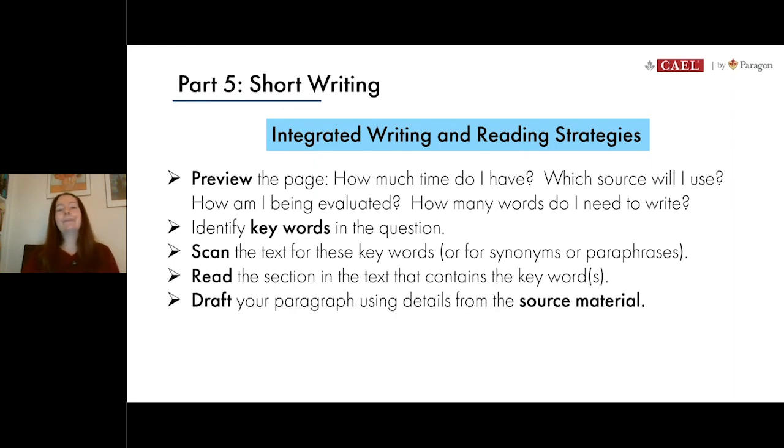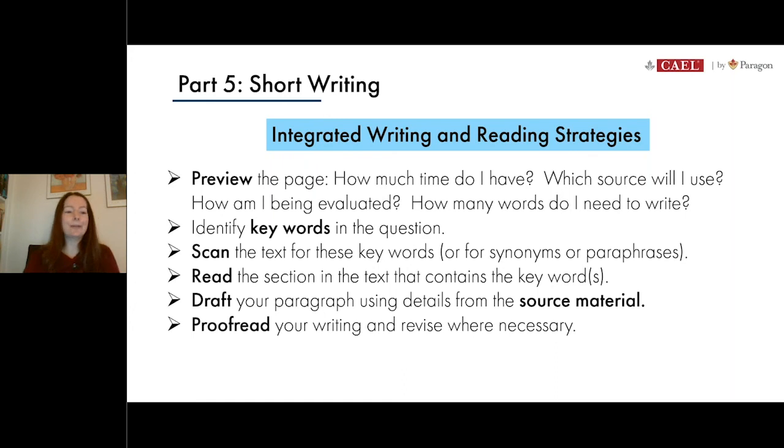We then use the information from the source in order to write out the paragraph itself. So remember, you're not making up these details. You're taking the content details from the source itself, but you're writing about them in your own words. You're paraphrasing. Once you've written out the paragraph, hopefully you've got at least 30 seconds to a minute left, and you're going to use that time to proofread your paragraph.